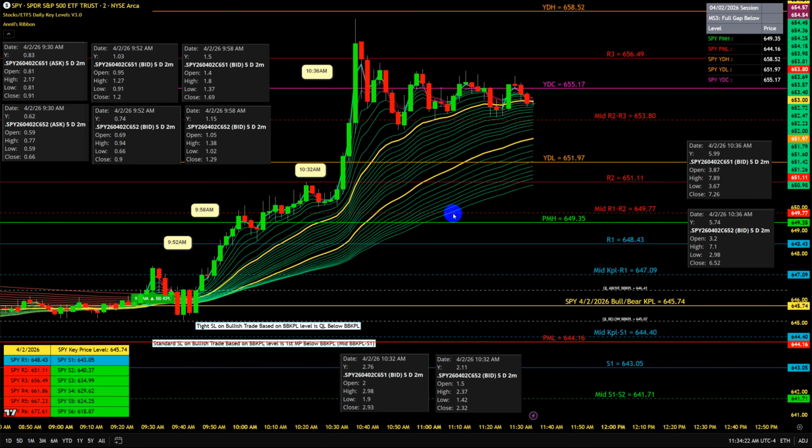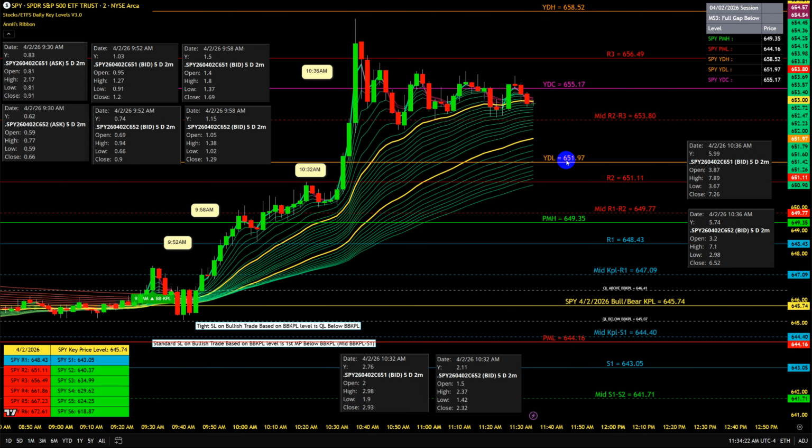Okay, so now we're going to look at the other two strikes, the 652 strike and the 651 strike. So the 652 strike was for the YDL level, which, as we talked about earlier in the video, was for the market scenario analysis table. This was the most common dominant tendency of trading back up to YDL in this particular market scenario.